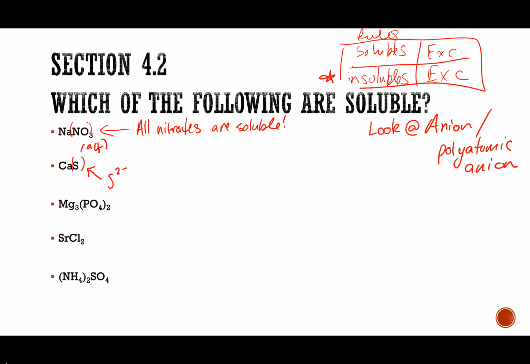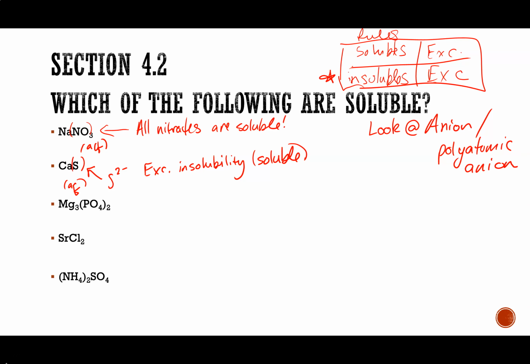And then it says one of the exceptions is compounds that include the metal cations calcium, strontium, barium, and of course ammonium. So this guy is one of the exceptions to the insolubility, which makes it soluble. AKA, when we write it in solution, it should have an AQ after it.